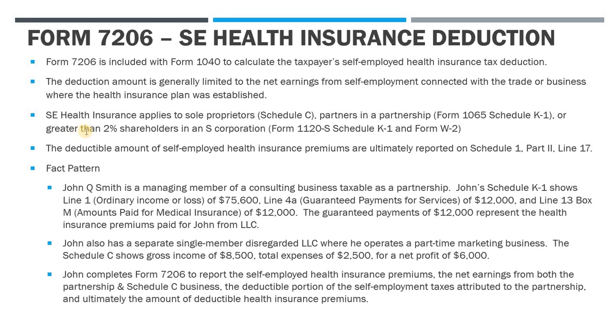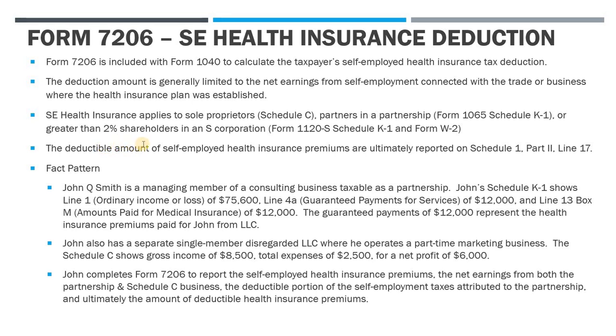So the self-employed health insurance deduction, this applies to sole proprietors, right? So if you are filling out a Schedule C on your Form 1040, if you're a partner in a partnership, so all that information would be reported on Schedule K1 from a Form 1065. Or the self-employed health insurance applies to S corporation shareholders, right?